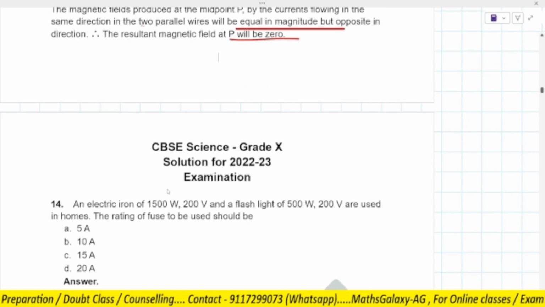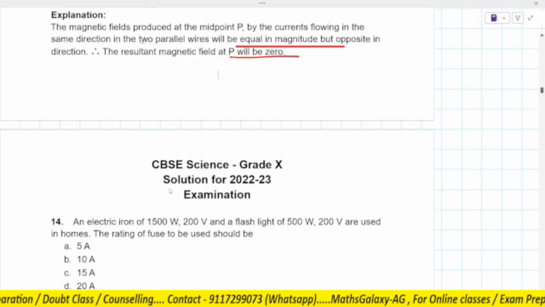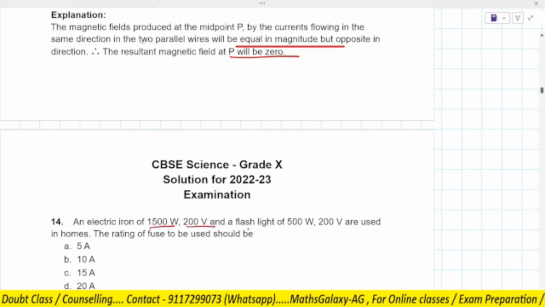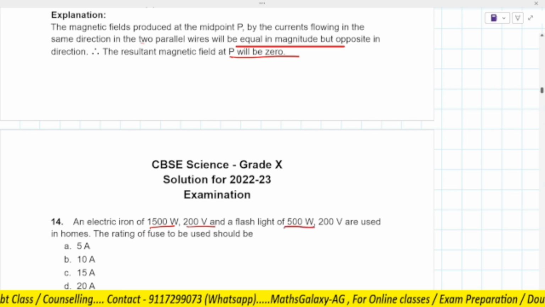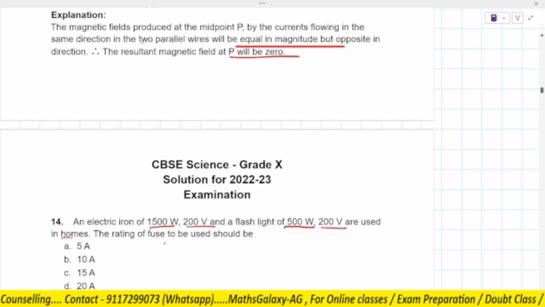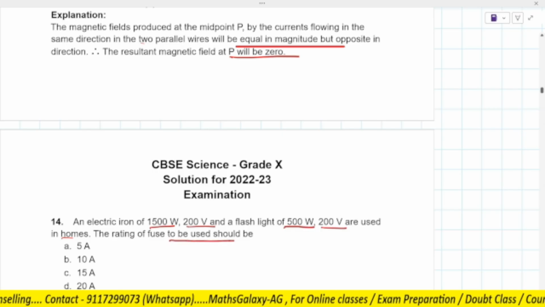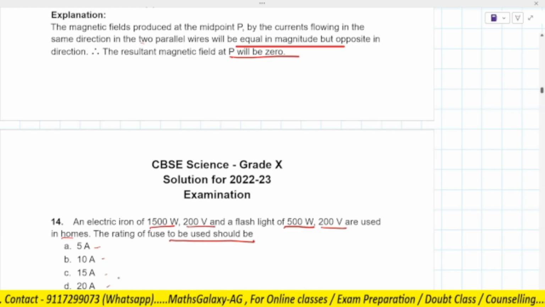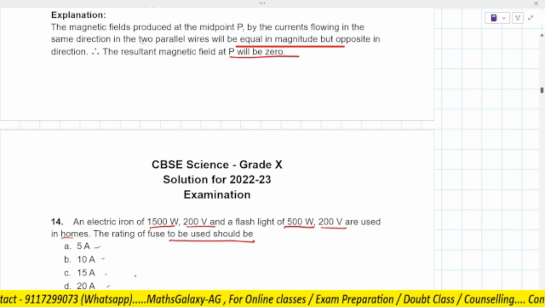Now see question number 14. An electric iron of 1500 watt, 200 volt and a flashlight of 500 watt, 200 volt are used in homes. The rating of the fuse to be used should be what: 5 ampere, 10 ampere, 15 ampere or 20 ampere?